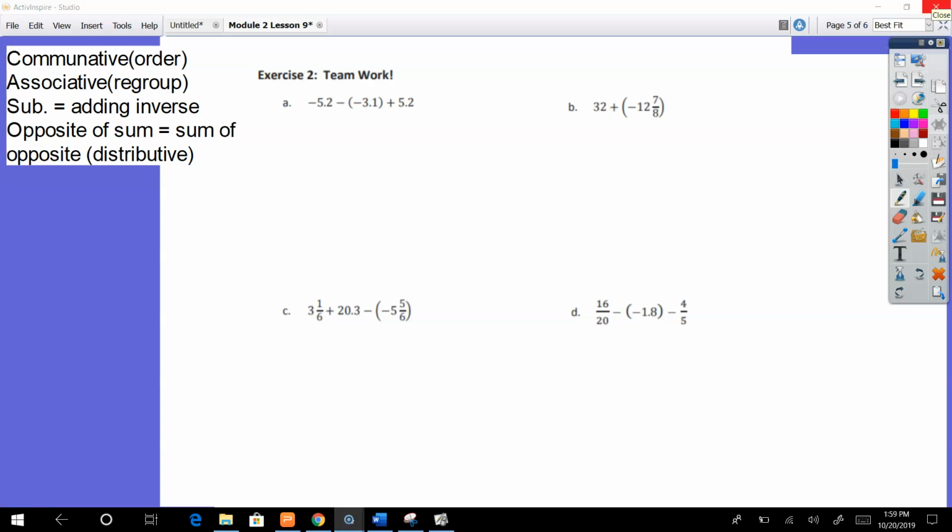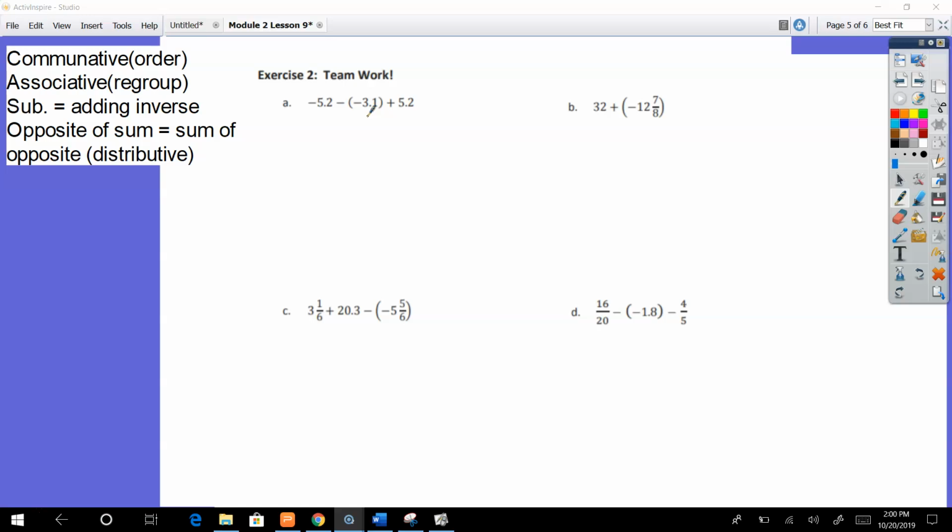Okay, so exercise 2 asks you to use teamwork in order to solve. Again, I've put the main steps we've been looking at to the side to help you. Pink is going to go first and say, what am I going to do here first?